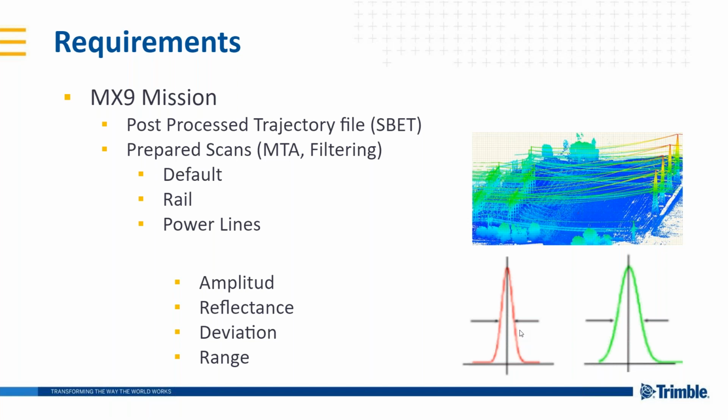So if we have a difference between them, a higher value will indicate that our shape is different from the pulse that was emitted. Therefore, we can identify some additional features in our point cloud. This kind of difference between shapes occurs for targets that are hit by multiple beams at the same time and that are located at very slightly different measurement ranges.